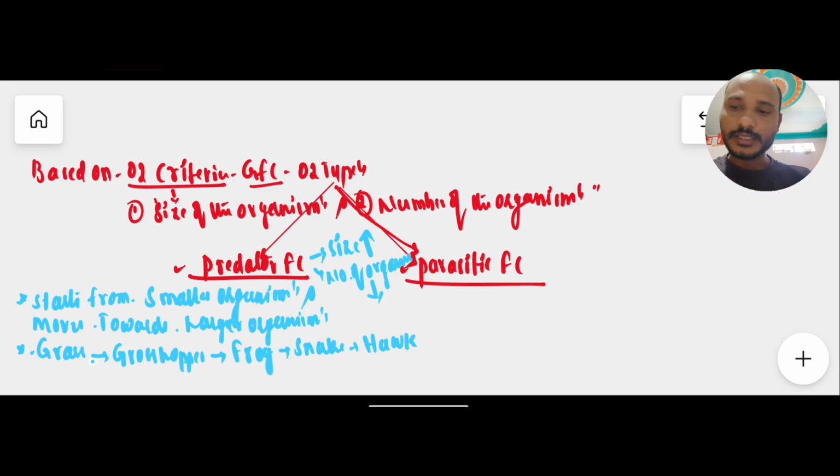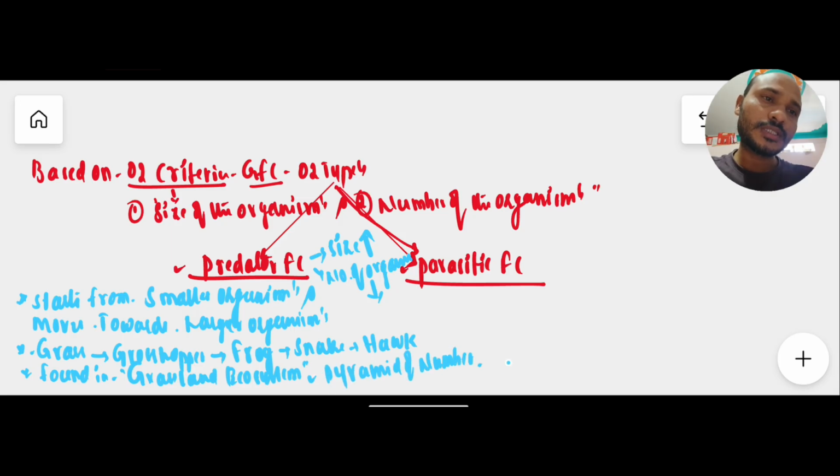This type of predator food chain is generally seen in, or found in, the grassland ecosystem, and in the grassland ecosystem or predator food chain, the pyramid of number is always upright. Very good. Because here the producers are highly abundant and the top predators are few.